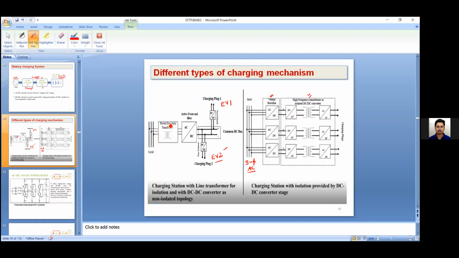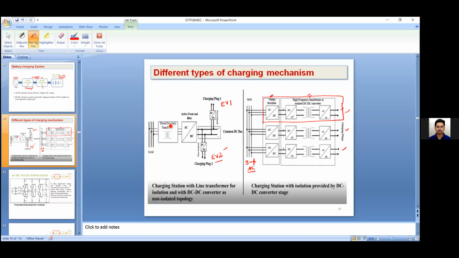So the major advantage you get here is you have different charging pins which are completely independent. This complete thing can be considered as one particular unit. Simultaneously, you can charge n number of vehicles using this particular charging station. All are isolated and not dependent on any other thing.